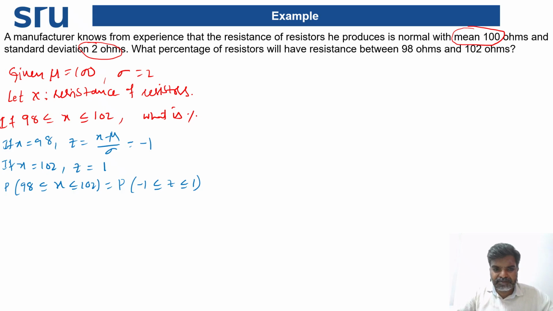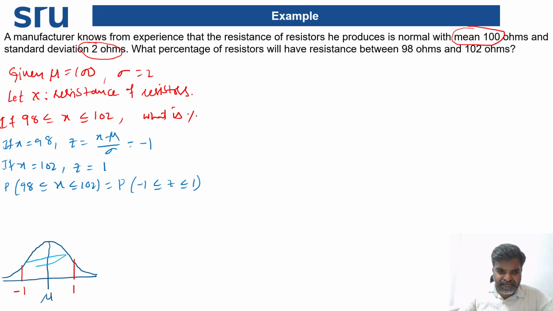To use the normal curve, you can see here, as you already know, negative values we always mark on the left side and positive values we mark on the right side. So what is the required area that lies between z equal to -1 and 1? This is the required value.